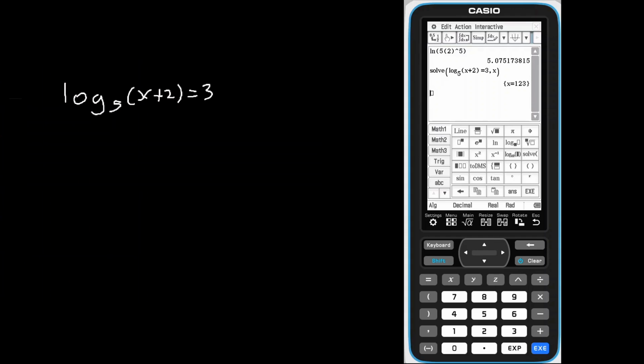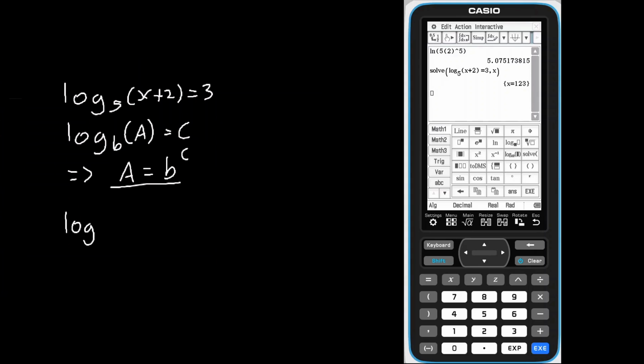And what we can say is that if we've got log base b of something to a, and that's equal to c, well, that's the same thing as saying a is equal to b to the power of c. I'm going to prove that to you. I'm going to take this equation and wrap it in log base b for both sides.